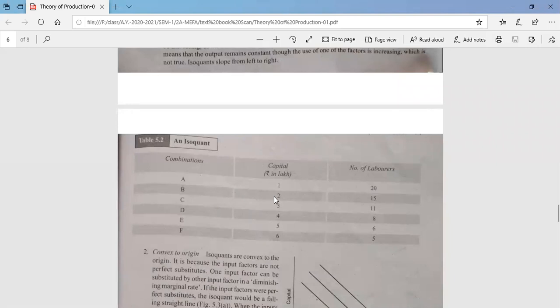For 2 lakhs capital, 15 laborers are sufficient. At point C, the capital is 3 lakhs and the labor is 11. And D, capital is 4 lakhs and labor is 8. What we are observing here is the capital is increasing and the labor value is decreasing.